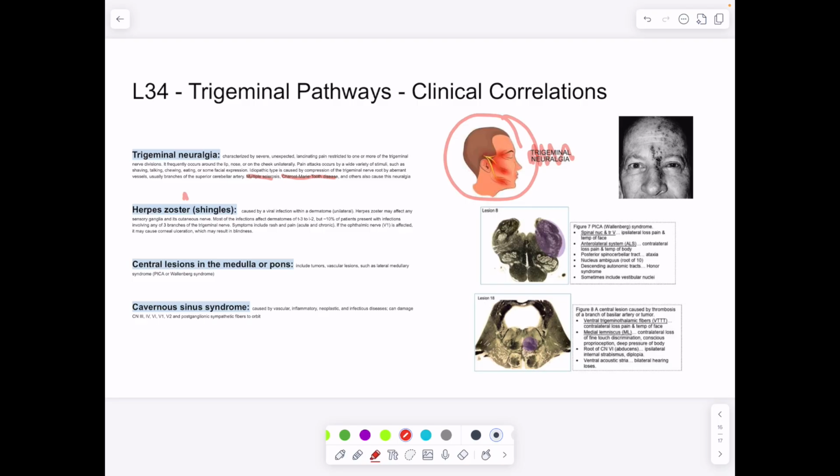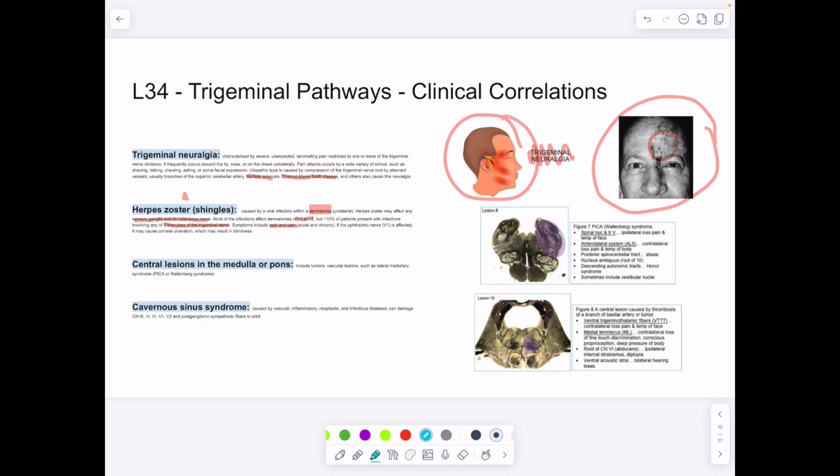And then you have herpes zoster, shingles, an infection of the dermatome, and it's going to affect sensory ganglia and cutaneous nerves, affecting T3 to L1, but some have infection of the trigeminal nerve, and it includes a rash and pain. You can see this here, it's just herpes zoster, aka shingles, and it's going to affect the trigeminal nerve, and so pain.